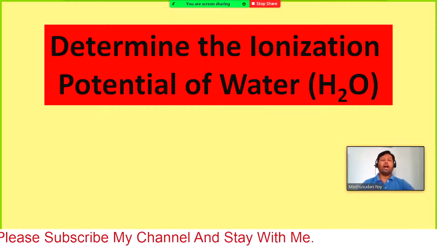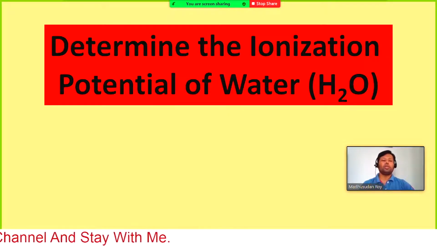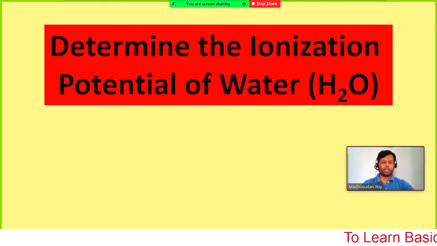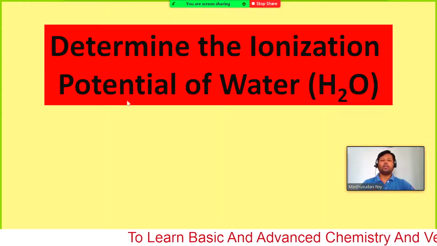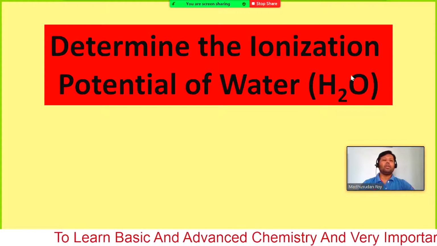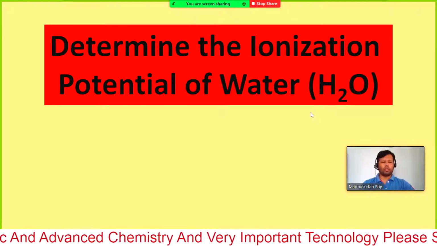How much energy is required to supply to the molecule or atom to remove one electron, that is known as the ionization energy or ionization potential. So for the water molecule, today we are going to learn how we can determine the value of the ionization energy of the water molecule.